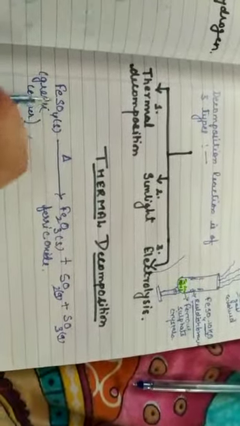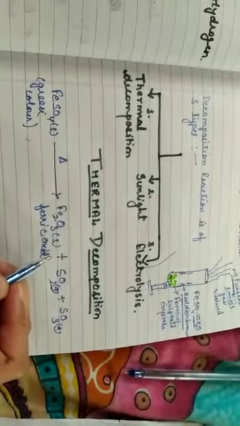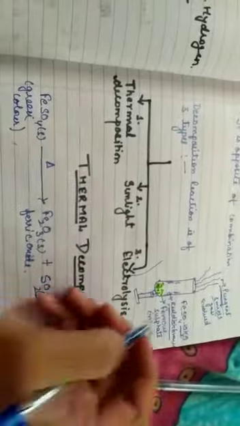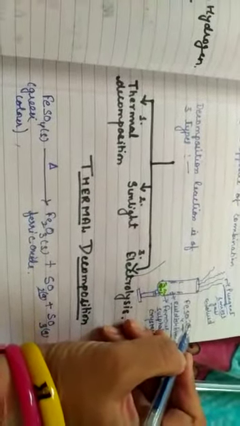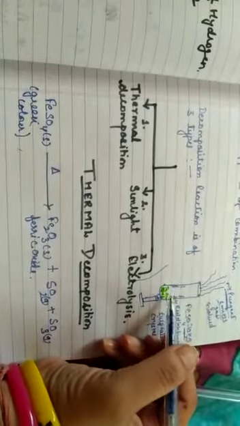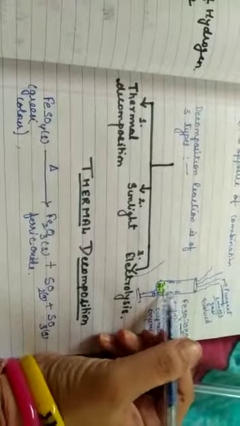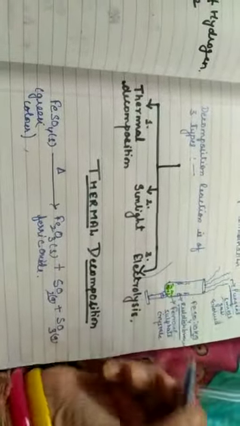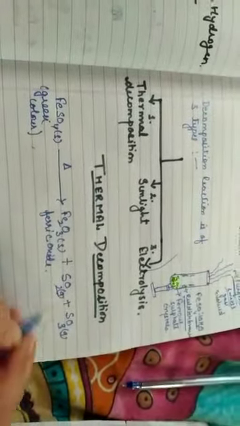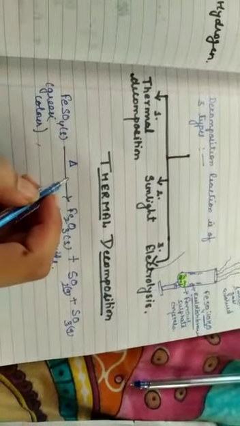So in this reaction, the ferrous sulfate, which has 10H2O molecules, evolved water, and on the walls of the test tube we can see the droplets and the gas. So this is an example of the thermal decomposition in which the heat is required.